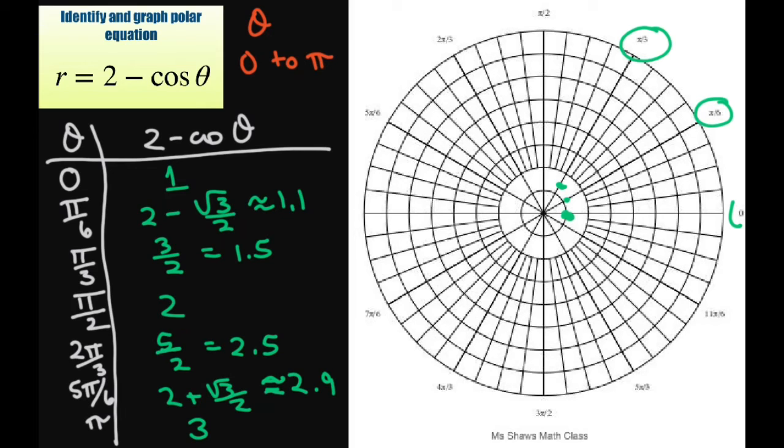At pi divided by 2, we're at 2, which is here. At 2 pi divided by 3, we're at 2.5. I'll put it halfway there. At 5 pi divided by 6, we're almost close to 3. And at pi, we're at 3.